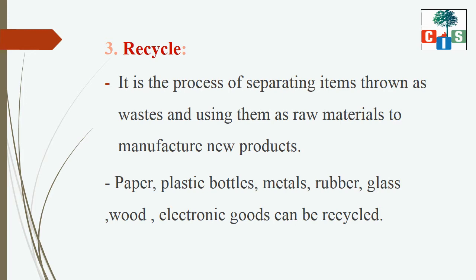Means to recycle them and to make new products out of it. For example, we can recycle paper, plastic bottles, metals, rubber, glass, wood, electronic goods. So these materials can be recycled and we can make new things from them.